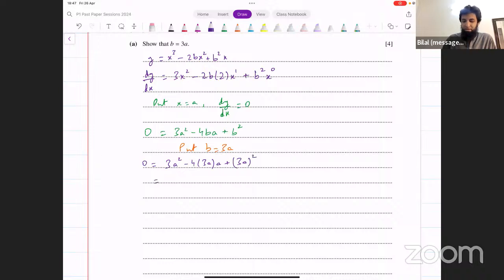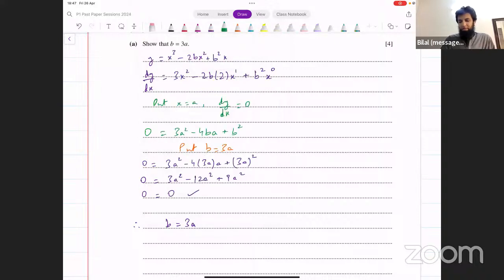Let's simplify this, and that gives us 3a squared minus 12a squared plus 9a squared equals 0. Everything gets cancelled, we get 0 equals 0. That means b equals 3a because it's satisfying this equation. Okay, this could be one way of doing this.